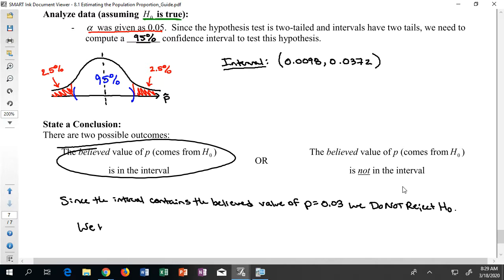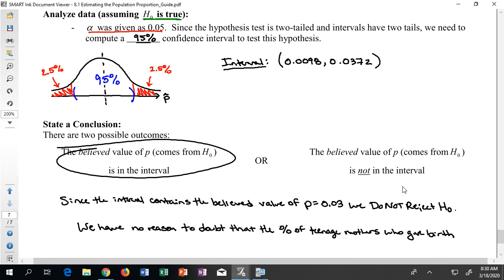So we would say we have no reason to doubt that the percentage of teenage mothers who give birth to twins is 3%, right? We don't have any reason to doubt that. We didn't have enough evidence to say that it was something different.